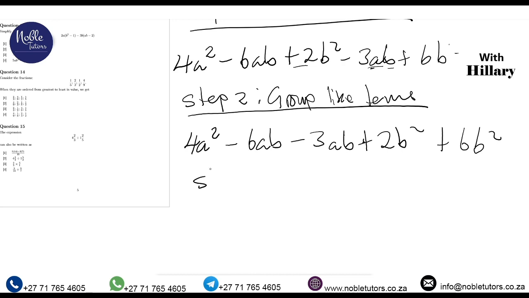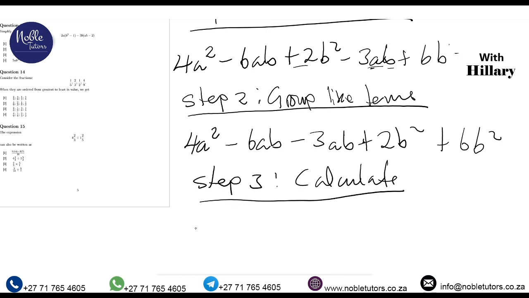After that, the last step that we can take is to calculate. When you are calculating, 4a squared is going to be left alone. Minus 6ab minus 3ab gives us minus 9ab.